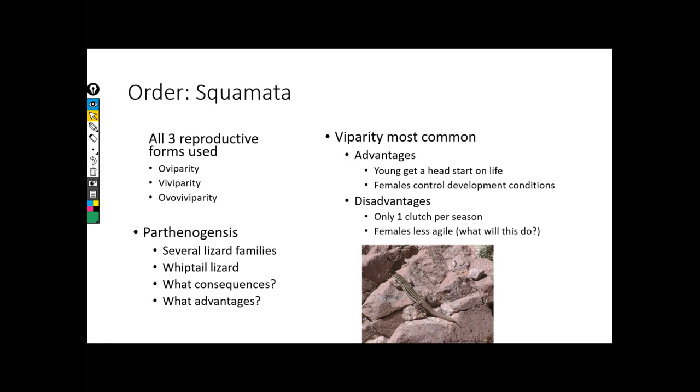Not only are we using oviparity, viviparity, and ovoviviparity, but remember from way back in the beginning of the semester that several of these organisms can also use parthenogenesis. So remember, what's parthenogenesis? They're all the same sex. So how do I have babies? They're cloning.